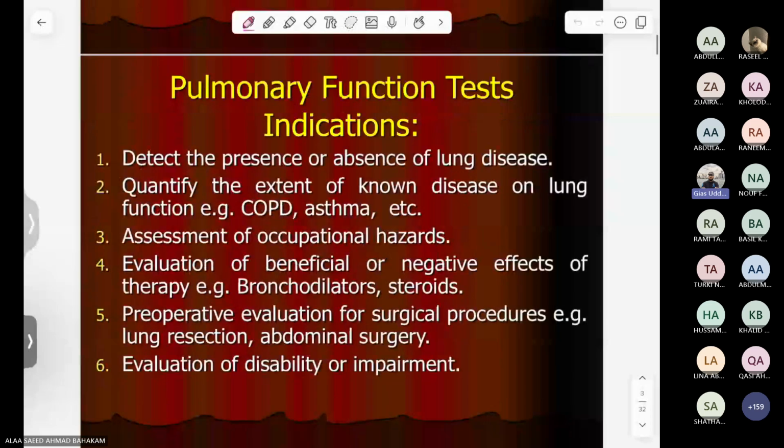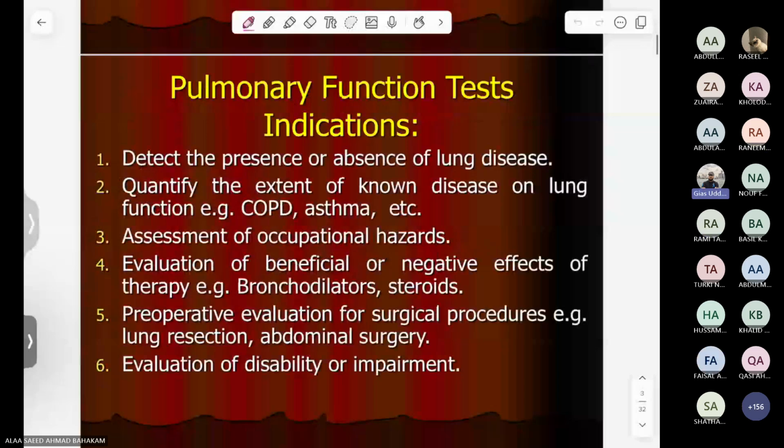So what are the indications for doing the lung function test? To detect the presence or absence of lung disease, and to quantify the extent of known disease on the lung function. Known disease could be asthma or COPD. What is COPD? Chronic obstructive pulmonary disease.